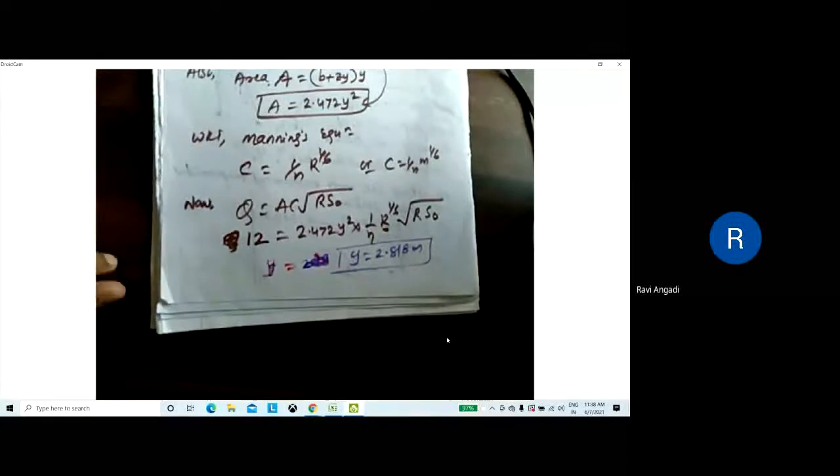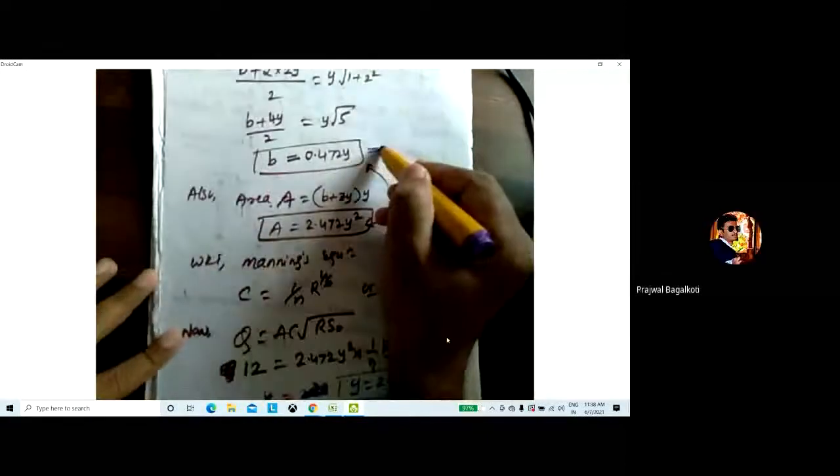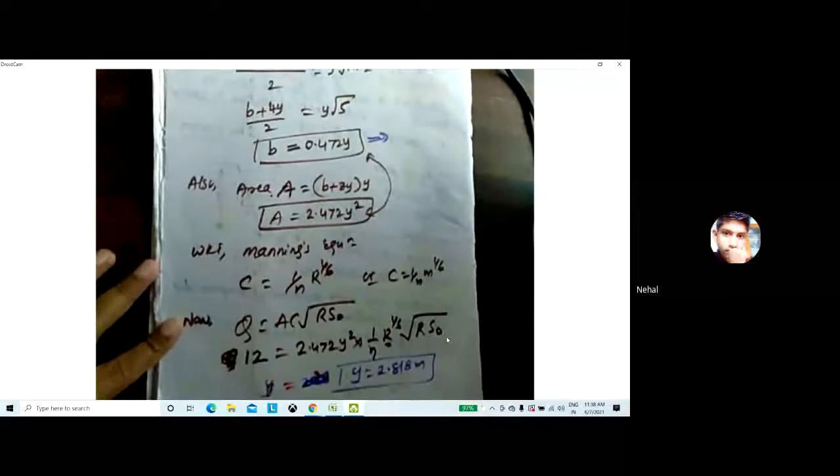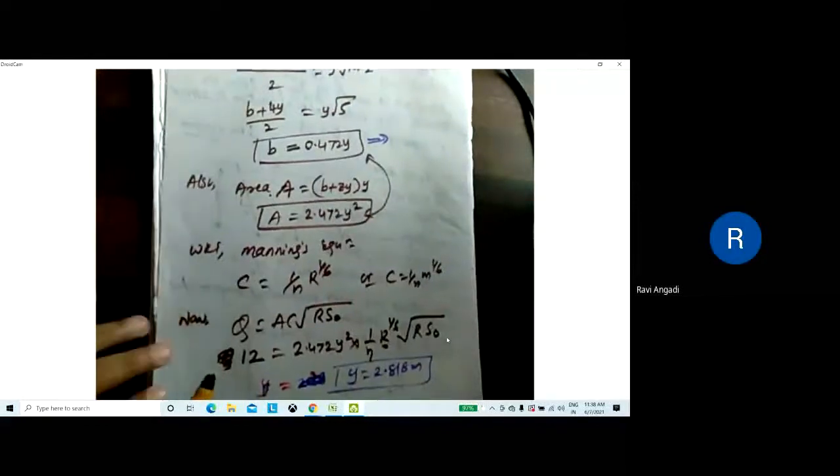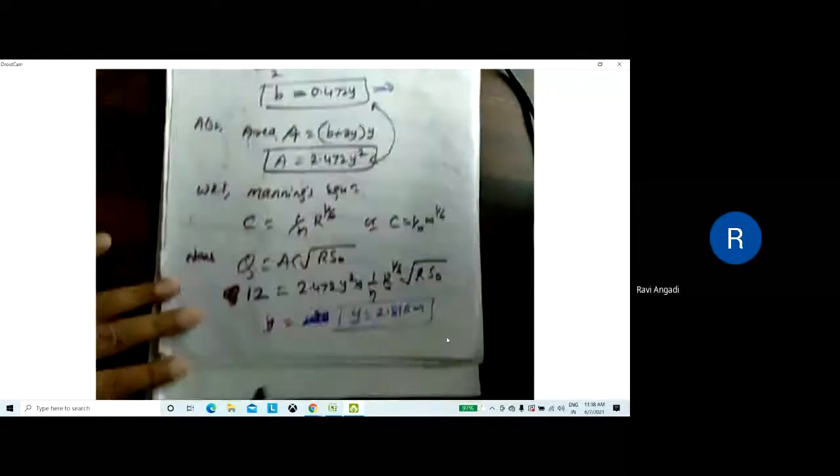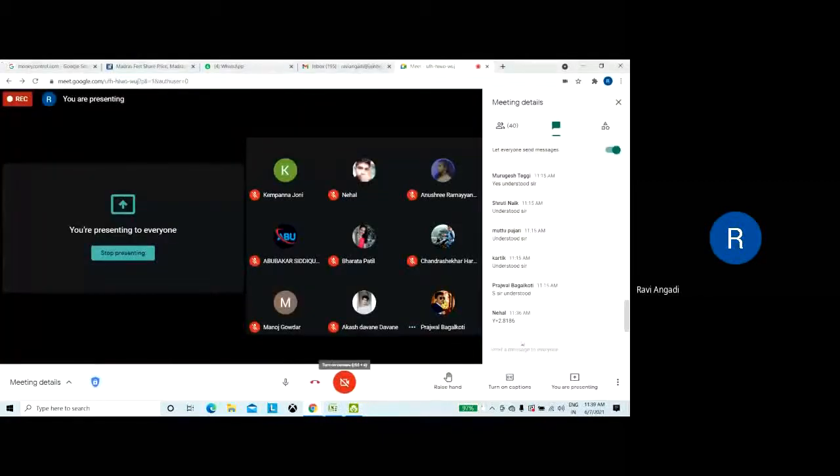Because B is already calculated, how much is B? 0.472. Okay. Substitute the value of Y in B and tell me the answer. All of you post your answers. Only one has posted.